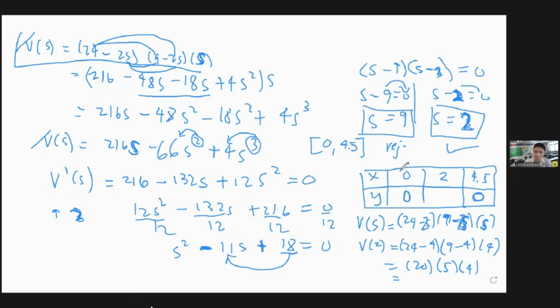This is 2. Kanina 4 ni kay 2s man, pero kani s man. So 2 lang. So we have 20 times 5. That's 100 times 2. That's 200.